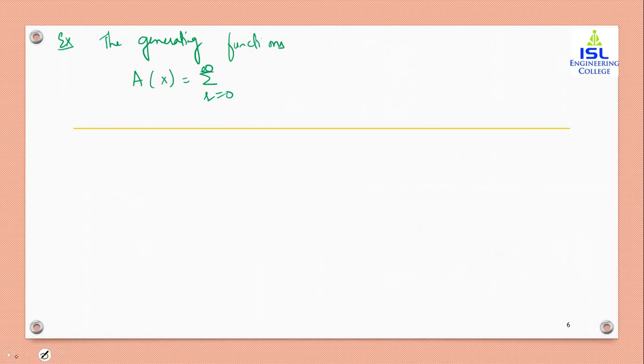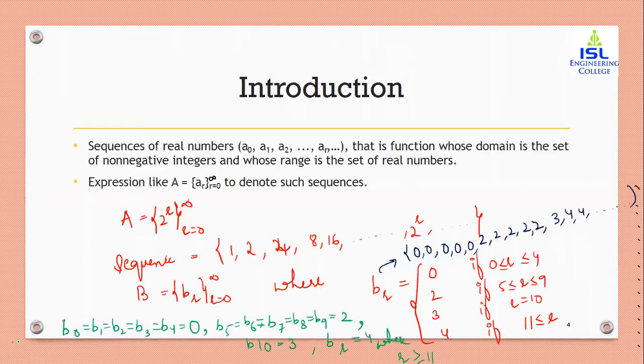Generating function examples. In the earlier examples we found a = 2 power r, r = 0 to infinity.